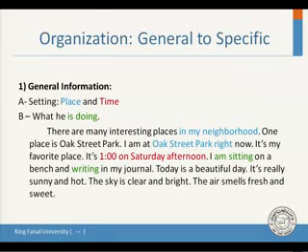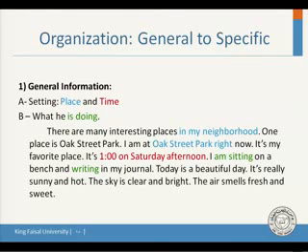So, you mention or you talk about the time. What are you doing? I am sitting on a bench and writing in my journal. Okay, so you can see in this paragraph we have general information about the place and the time and what you are doing at this moment.